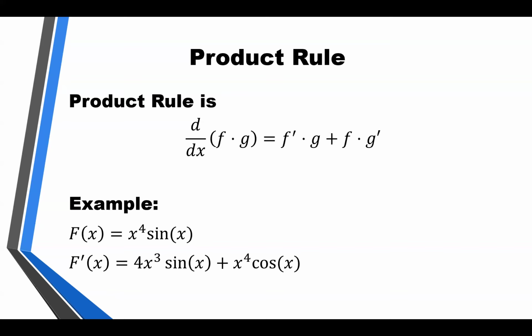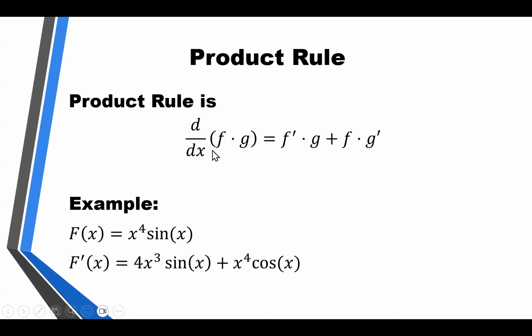So the product rule says if I want to take the derivative of the product of two functions, then what I can do is take the derivative of the first function multiplied times the normal second function plus the normal first function times the derivative of the second function.